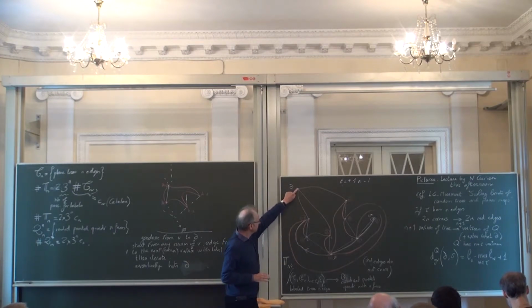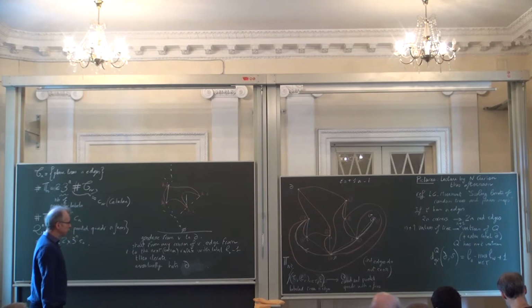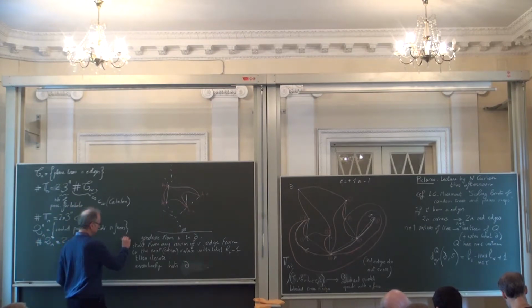Here what I mean is that I hit this extra vertex partial D. So this is what I'm going to call a simple geodesic.